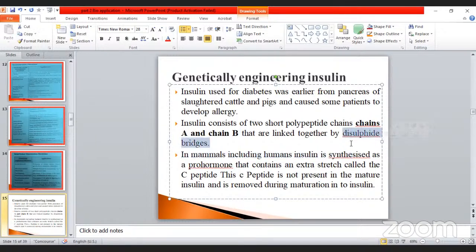So many times the question was asked in this part. Okay, already we discussed these things also. The insulin contains A and B chains. Chain B and chain A are connected with the help of a bridge-like structure, the disulfide bridge. See that one? I will show you how it will be now. See that one?